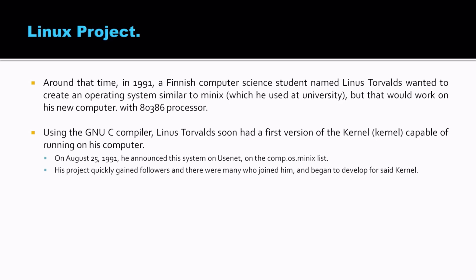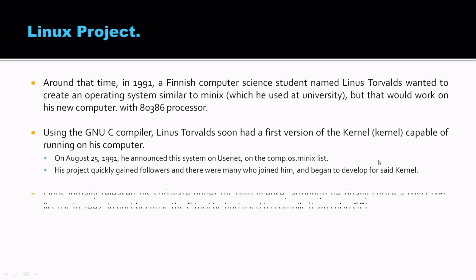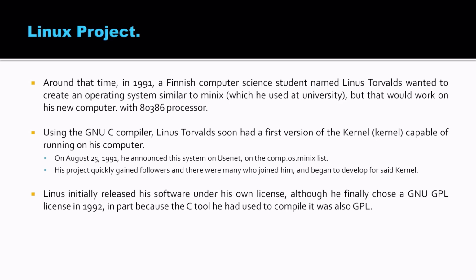On August 25th, 1991, he announced this system on Usenet, on the comp.os.minix list. His project quickly gained followers, and many joined him and began to develop for the kernel. Linus initially released his software under his own license, although he finally chose the GNU GPL license in 1992, in part because the C compiler he had used to compile it was also GPL.